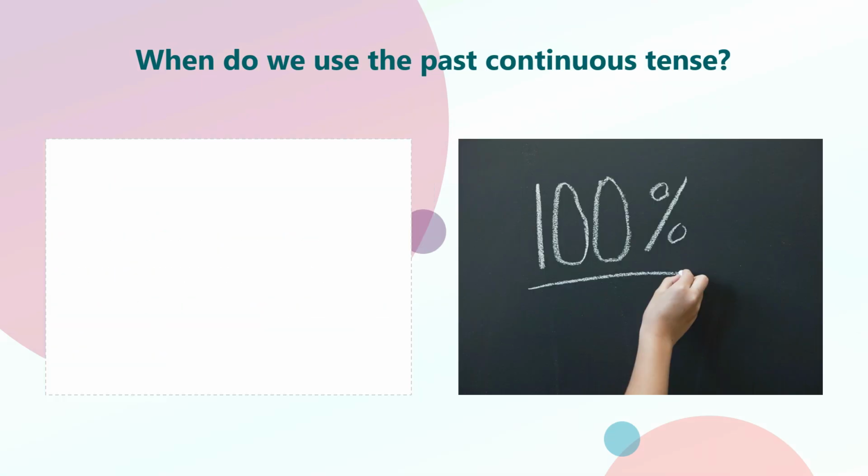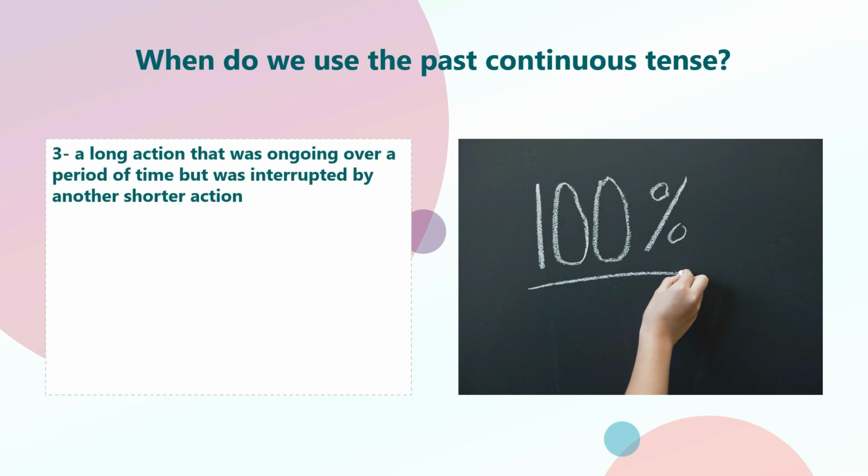One important use of the past continuous is to describe a long action that was ongoing over a period of time but was interrupted by another shorter action. In this case, the ongoing action is in the past continuous, while the action that interrupts it is in the past simple.